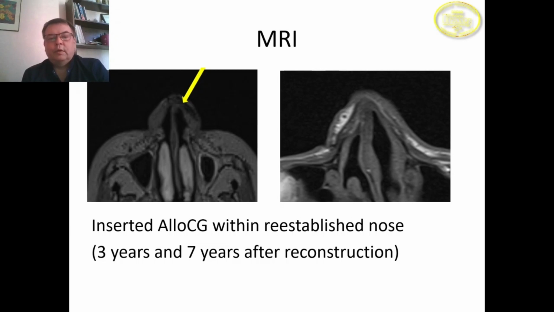Both cartilages present stable position, no size loss. They are covered with a thin fibrotic capsule and don't present significant lesions of tissue.